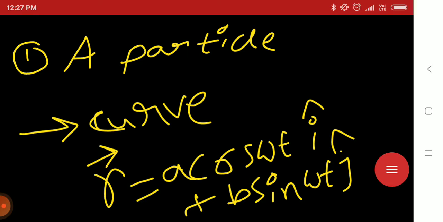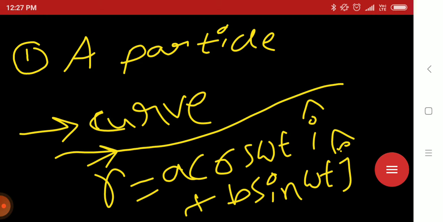It is told that a particle moves along a parametric curve, where a and b are constants, and i cap and j cap are the Cartesian unit vectors along the x and y axis.